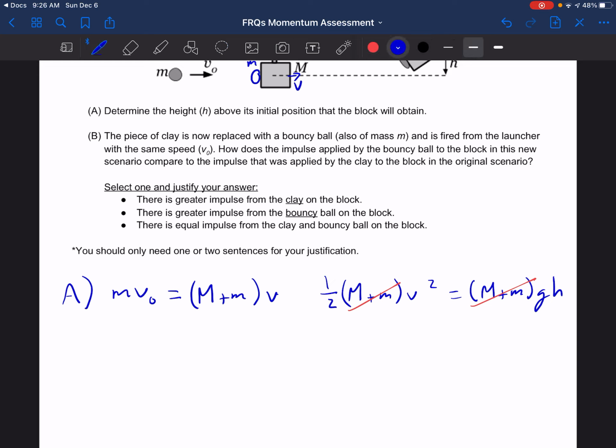So first, let's just solve for v using momentum. So if we do that, right, m v naught over big M plus little m equals v. So we're going to plug that in for v over here. And if I do that, I get 1/2 (m v naught over big M plus little m) squared equals g times h.